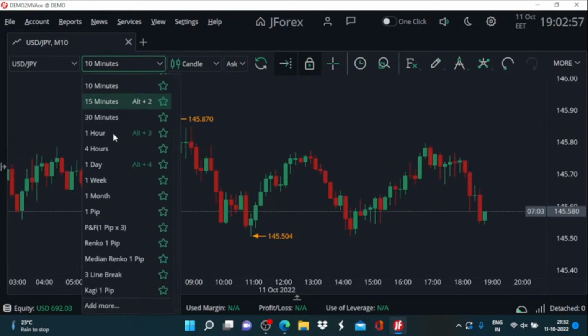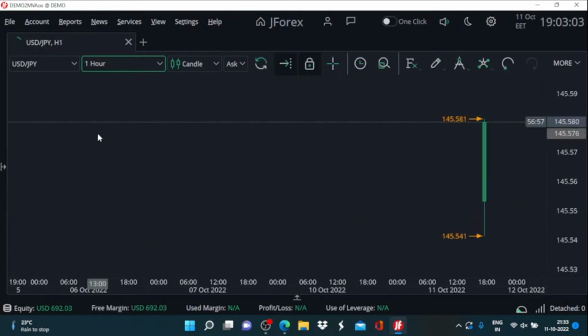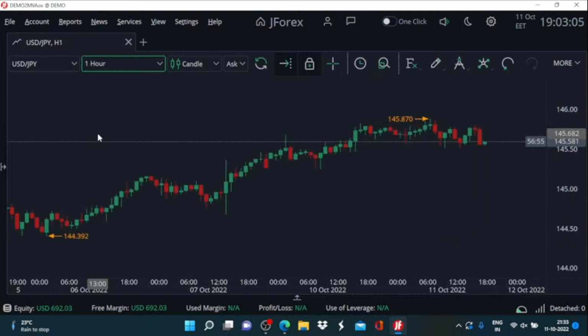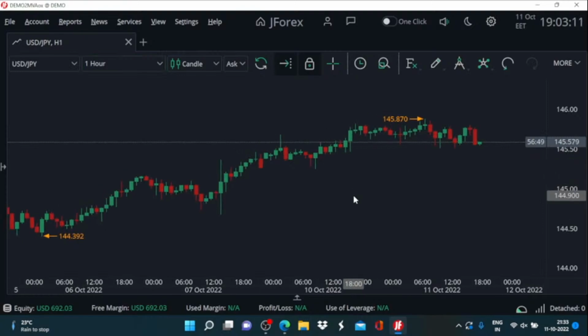All right, here we go. I am opting for the hourly candle period just to keep things simple so that I can easily explain the various concepts. And here we find the percent Bollinger Band.